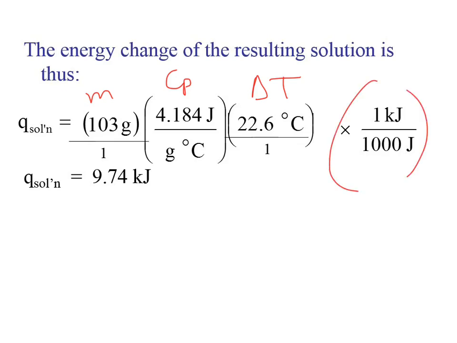Now, I'm thinking that you don't have to, in this case, go all the way to kilojoules. Oh, yeah, you do. That's right. Eventually you will, because the problem said it wanted the delta H in kilojoules per mole of magnesium. So taking it all the way to kilojoules, if we introduce 1 kilojoule over 1,000 joules, then notice our grams cancel, our degrees Celsius cancel, our joules cancel, and we're left with units of kilojoules.